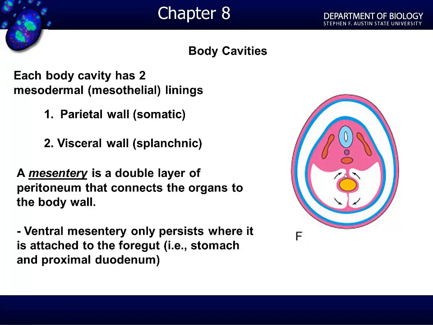Now, the mesentery that we mentioned, this is a double layer of your mesothelial lining, or the peritoneum. So we have the peritoneum from the right and the left side fused together to form the dorsal mesentery. And when this is the heart, we refer to this as the dorsal mesocardium. As we get to the stomach, we're going to refer to this as the dorsal mesogaster. In the intestines, we just refer to this as the mesentery proper.